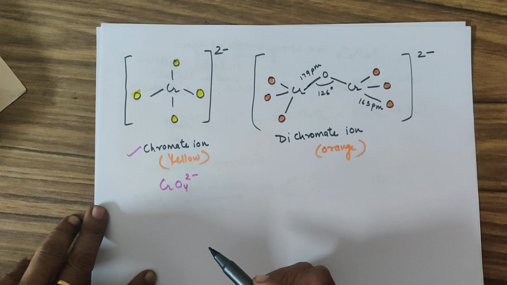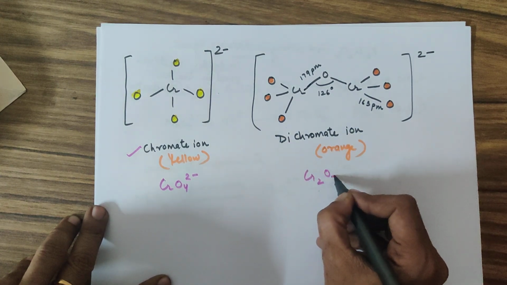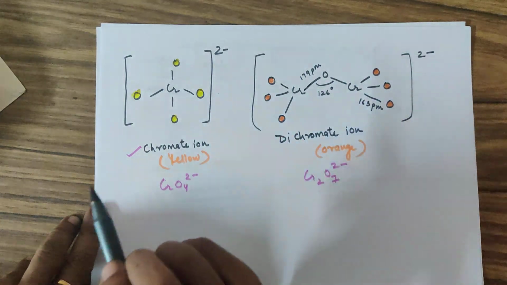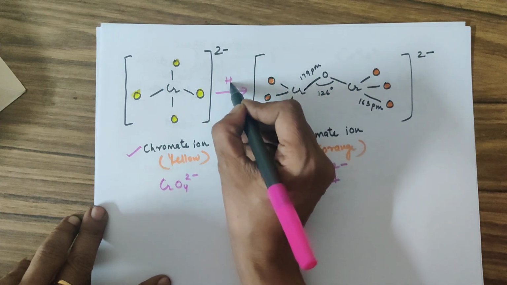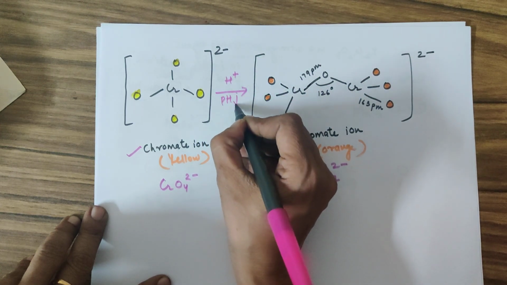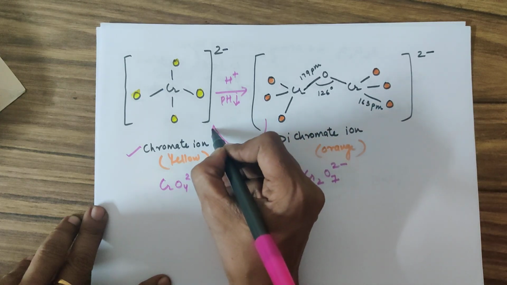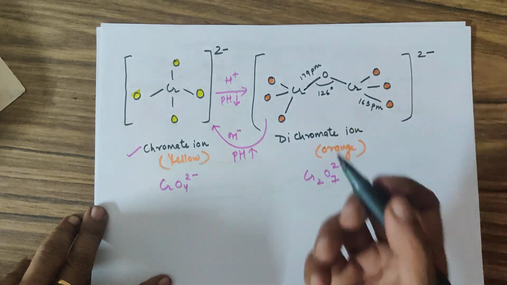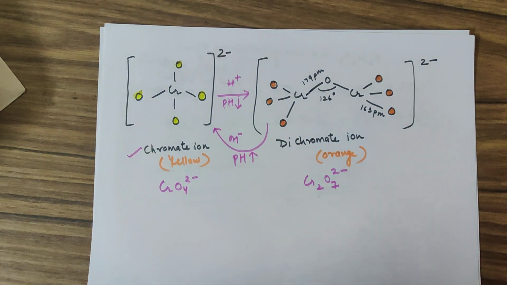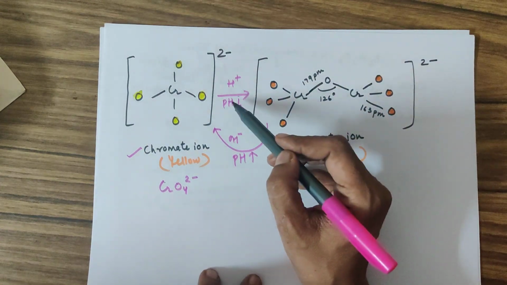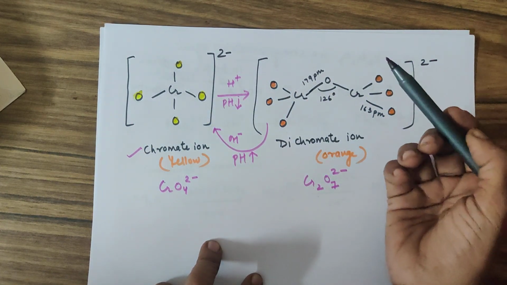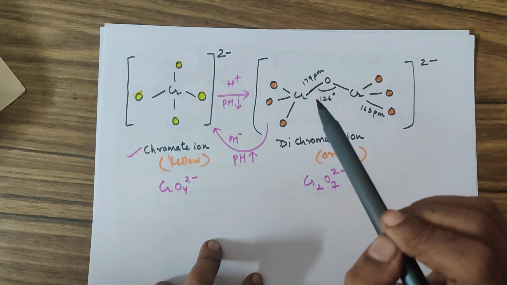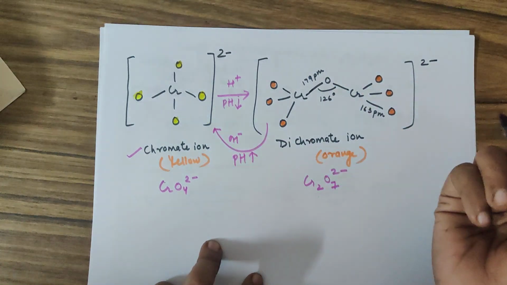This is a yellow colored salt and this is your Cr2O7 2-. It is called the dichromate ion, orange color. Chromate can easily be converted to dichromate by adding acid to it, or if you decrease the pH. But if you want to convert dichromate to chromate, you need to add a base to it, or the pH can be increased. This has been a board question many times: how can you transform a chromate to a dichromate, and what is the effect of pH on the chromate and dichromate ions. So if you decrease the pH, your yellow solution would go into an orange solution, and if you add base to an orange solution, it will go back to the yellow solution.